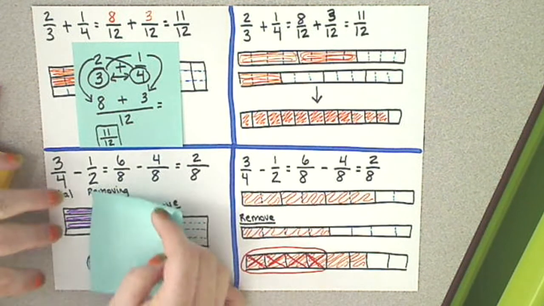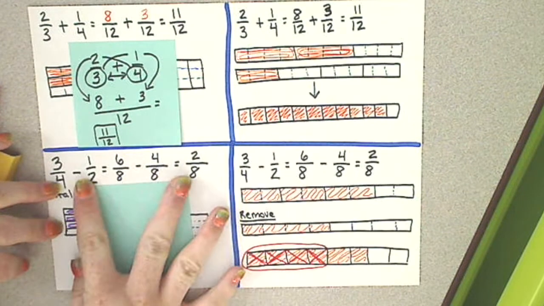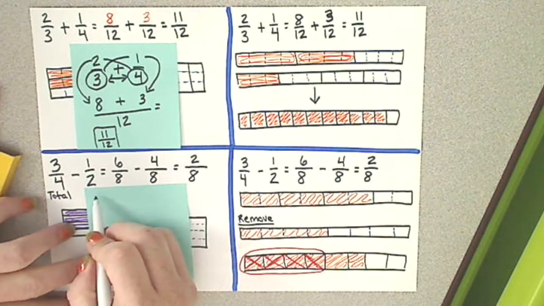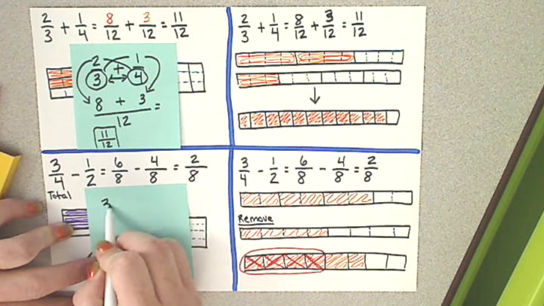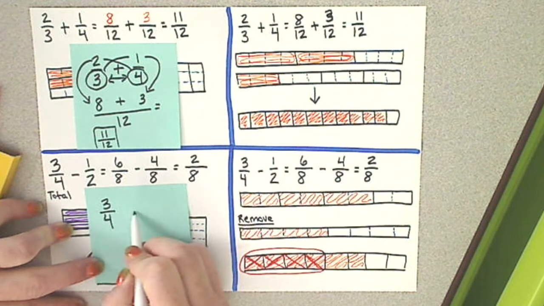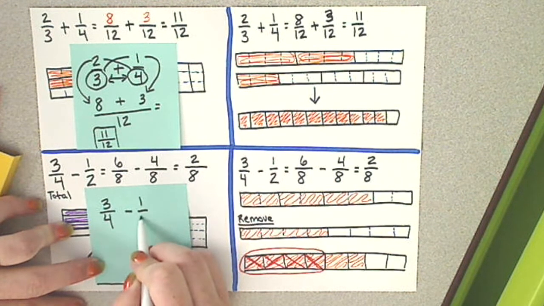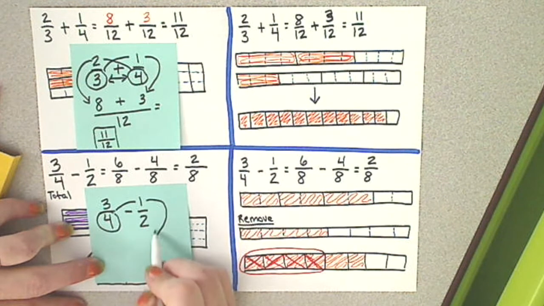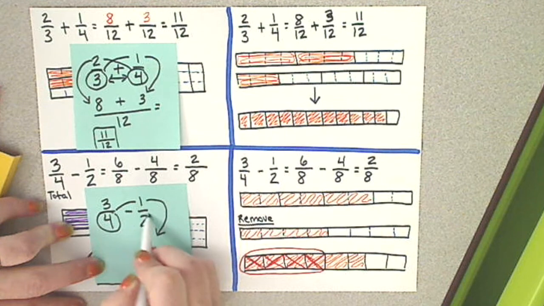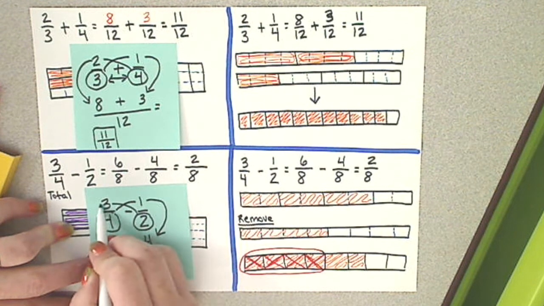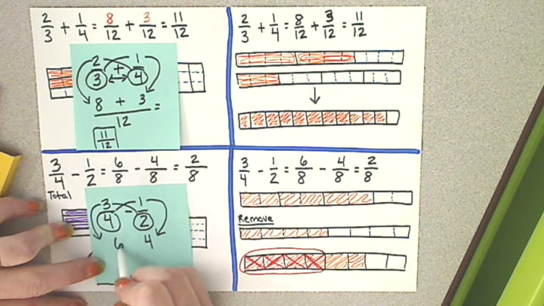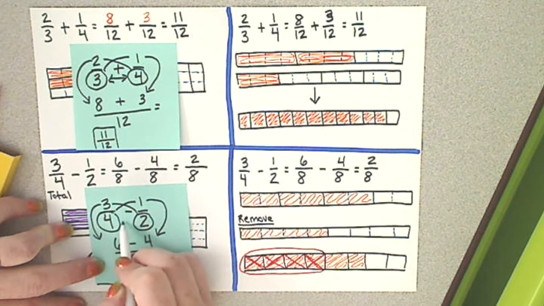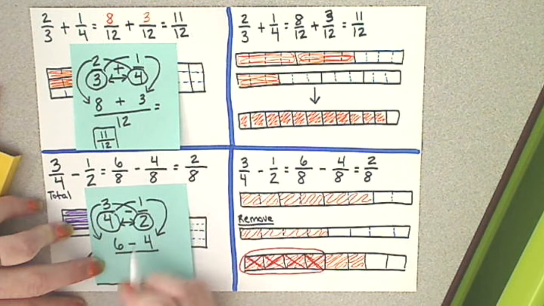And our subtraction problem. 3/4 minus 1/2. 4 times 1 is 4. 2 times 3 is 6. We're still subtracting. 4 times 2 is 8.